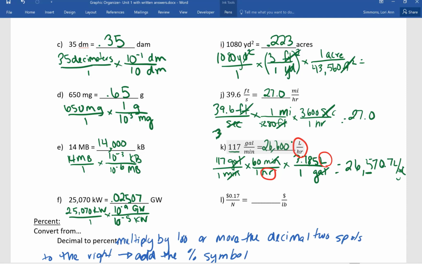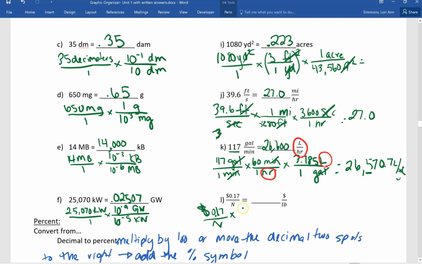And last but not least, L. We have $17.17 per Newton. We want dollars per pound. Notice we already have the dollars, so all we need to do at this point is convert the newtons to pounds.